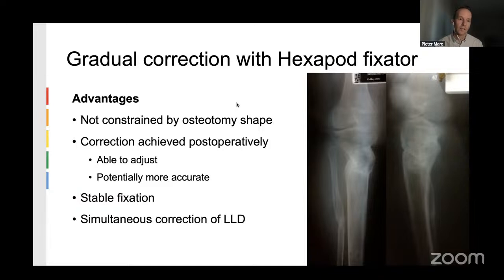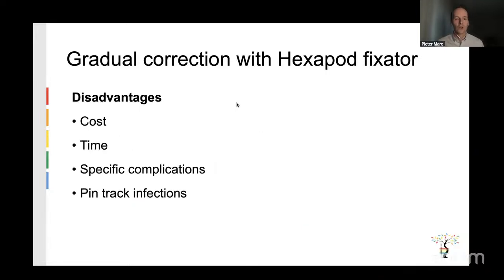You can fine-tune the correction post-operatively, so you're able to adjust it, and that means it's potentially more accurate. It also is stable fixation at the same time, which is especially helpful in obese children, and you can simultaneously lengthen in unilateral cases. The disadvantages are the cost and the time spent with the patient.